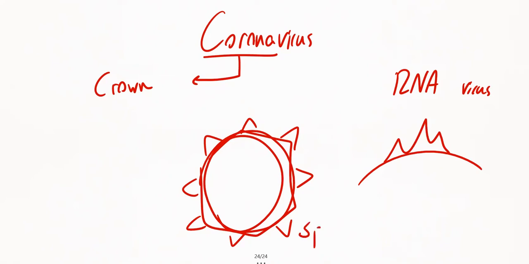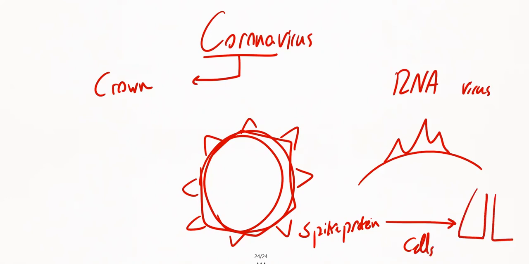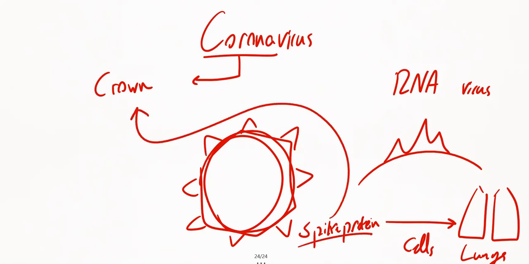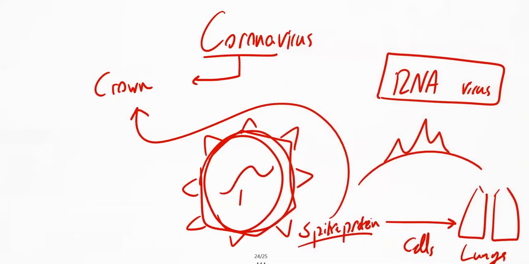These are known as spike proteins, which are functional proteins that allow for attachment to certain cells, specifically the cells of human lungs and other animals, in fact. So because of these spiky things, we called it the crown virus or the coronavirus. And it's an RNA virus. What does that mean? It means that inside this capsid, the genetic material is made of RNA.